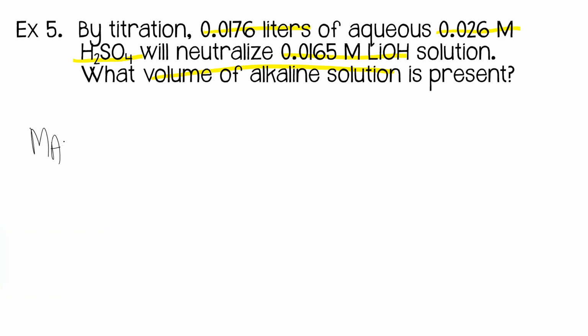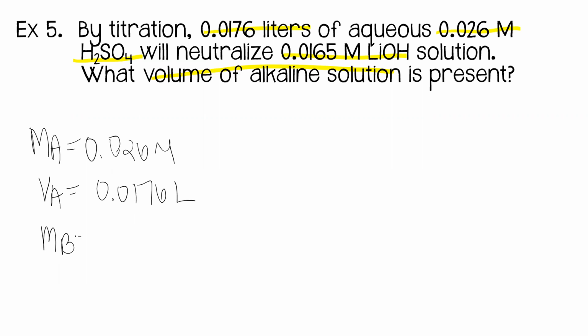So I know MA is 0.026, VA is 0.0176 liters. I know MB, 0.0165 molarity. I do not know VB. So if I leave it like this, my volume of base is going to be in liters.